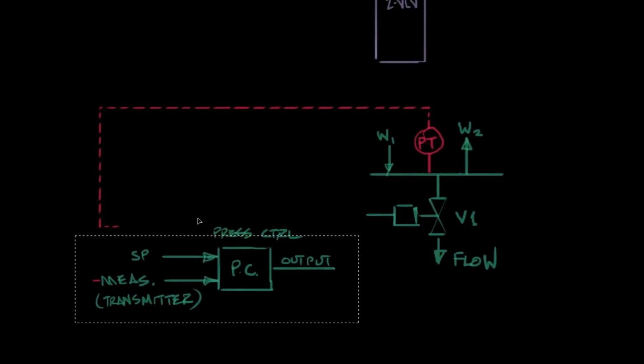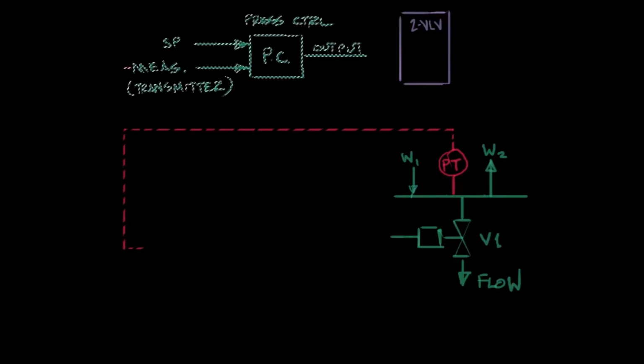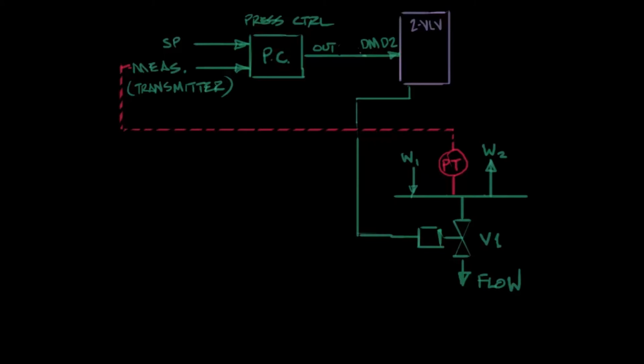So let's move that pressure controller up so that it now becomes a demand to the two-valve algorithm. Kind of redrawing some of our lines here. That pressure controller's output is going to go into demand 2 on the two-valve algorithm. And instead of it controlling V1, we're going to have an output from the two-valve block that manages V1.